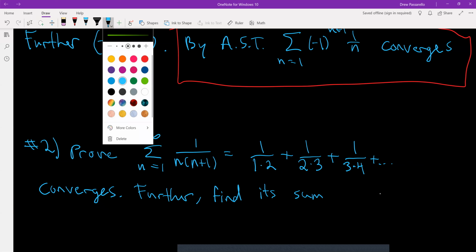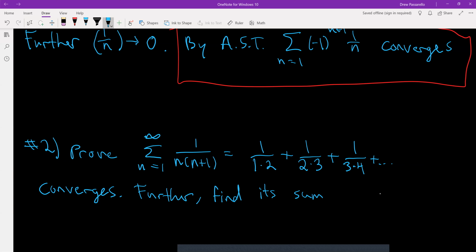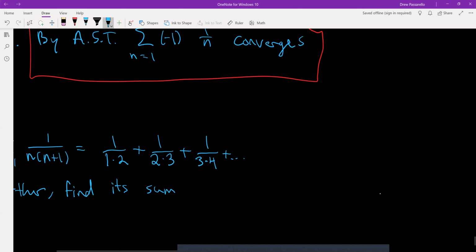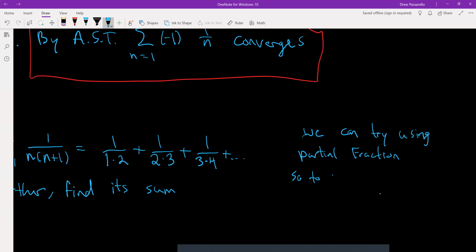Now, partial fractions is a technique that we can use, so we can try using partial fractions. You'll see why I do that.